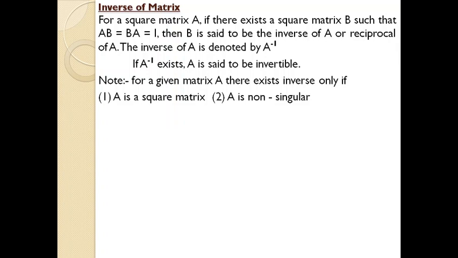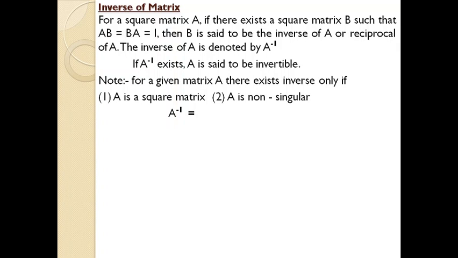So what is the formula for finding the inverse of a matrix? Inverse is represented by the name of the matrix raised to minus 1. Usually all the matrices are called by the name A, that is why we are using A. There is no specific rule for writing A alone like that.